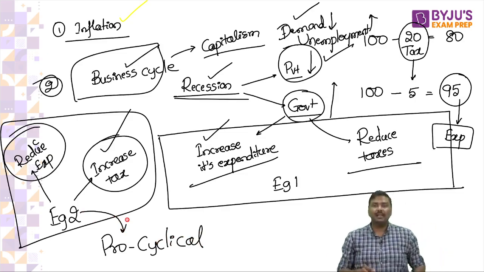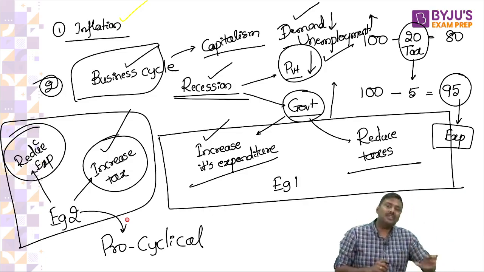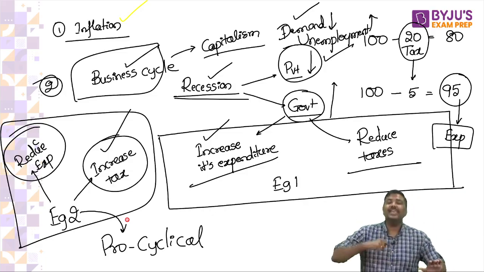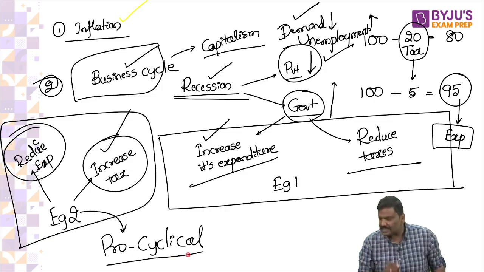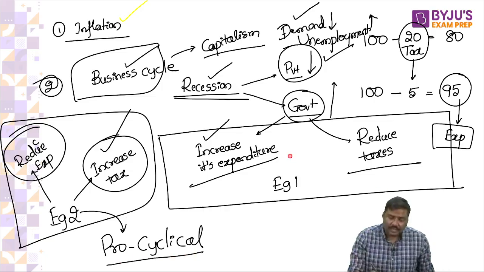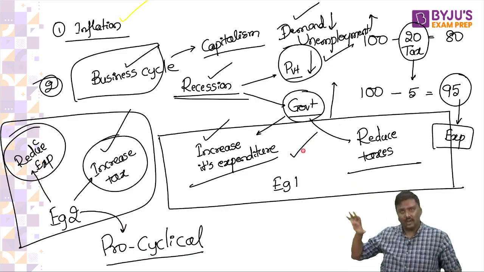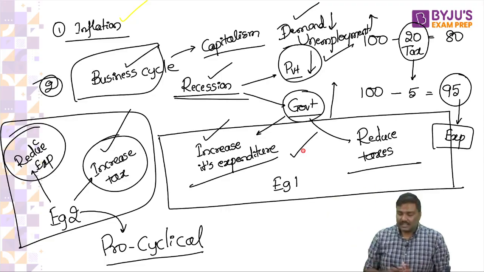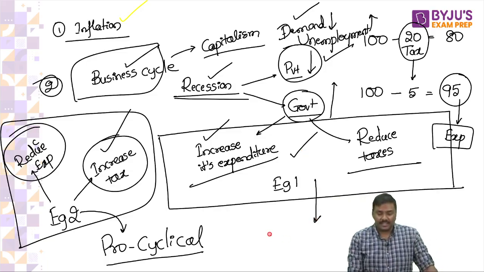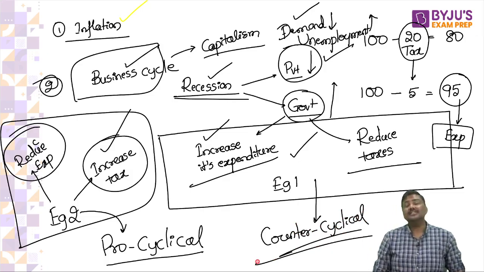In this example, what is the situation in the economy? Recession. And is the policy of the government not making the recession much more severe? Yes, hence pro-cyclical. And if government policies reduce the severity of the situation, such policies are referred to as counter-cyclical.